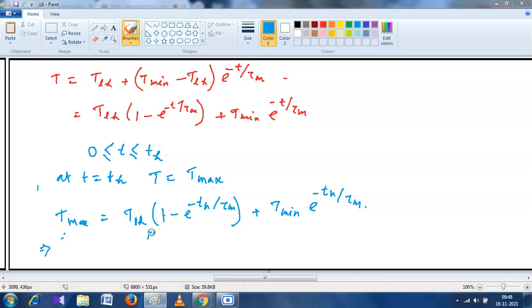How to calculate this? We have to calculate the value of tau m from that equation. What should be the value?